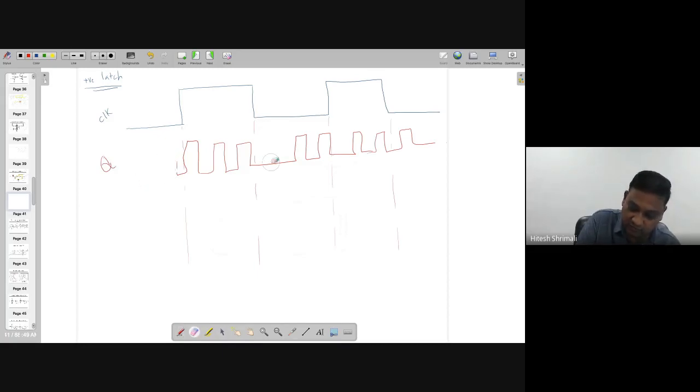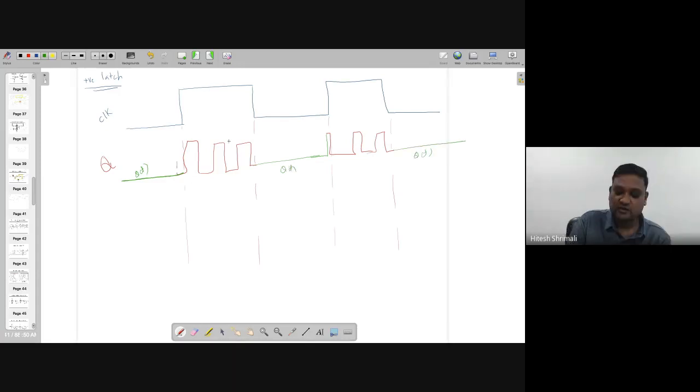During the clock bar, when it's happening, we don't care, right? During the clock bar, it is the latch value or the previous value. In between, if D is changing during the time when clock is on, then the output will also change.